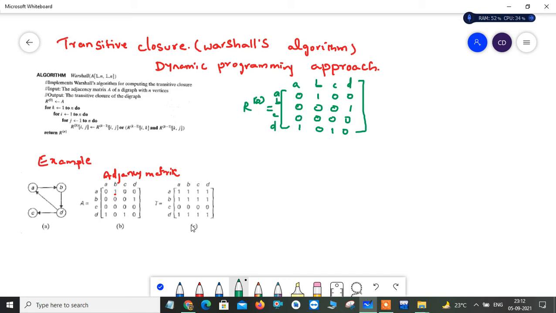Now we have to make the vertices act as intermediates, and then find whether there exists any path between the nodes. So from this R of 0, I am trying to find R of 1.